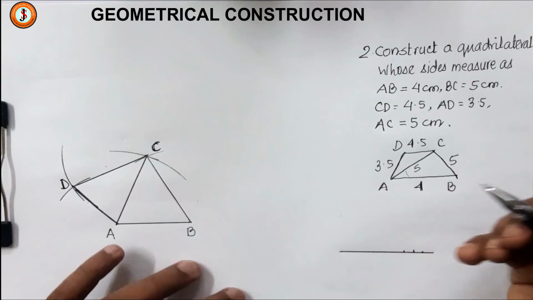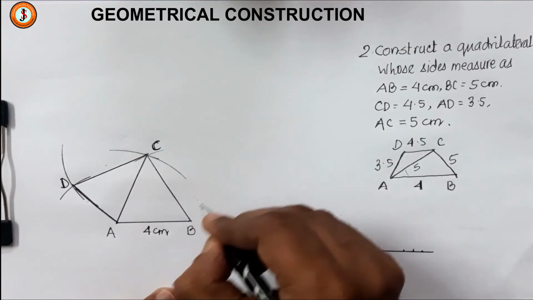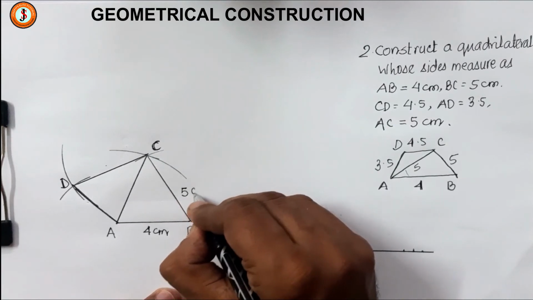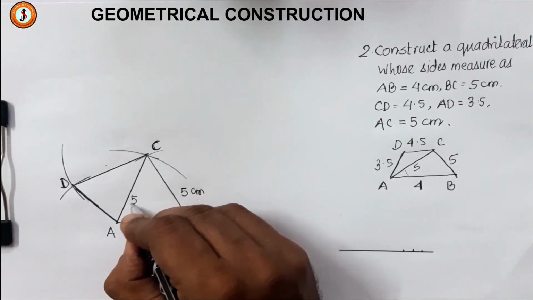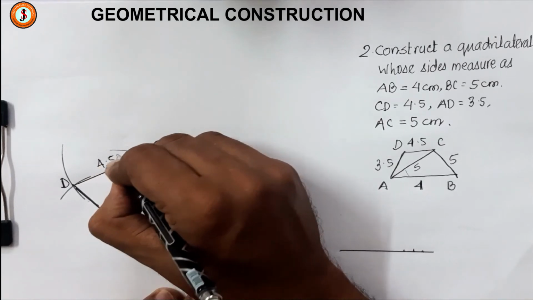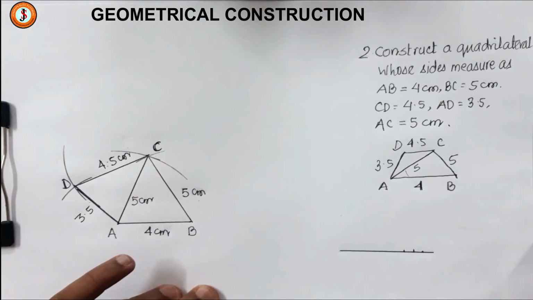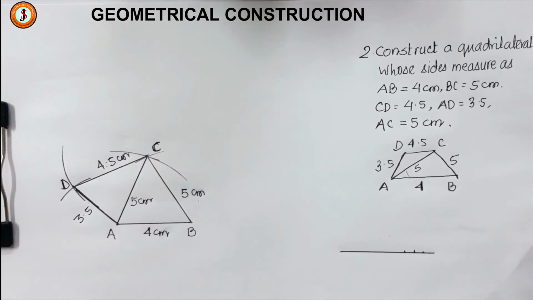If you want to keep it neat, you can mark the lengths. This is 5 centimeter, this is 5 centimeter, and this is 4.5 centimeter. This is 3.5 centimeter.